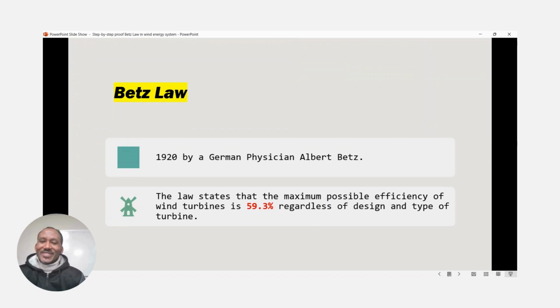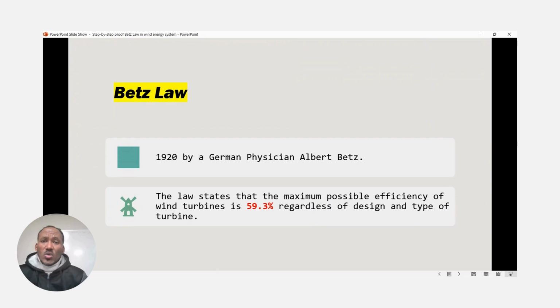This law plays a significant role in the evolution of wind technologies, and it helps to optimize the efficiency of wind turbines and also improve the aerodynamic property of wind blades.